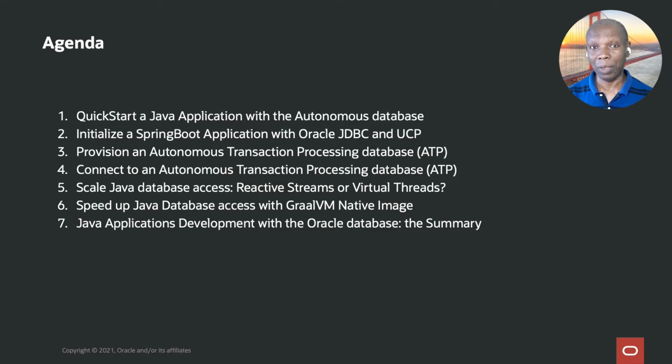This is very important, using either reactive streams or virtual threads, and then how to speed up your Java application using GraalVM native image. We'll finish up with a summary of all the programming models that we support for connecting to the Oracle database.